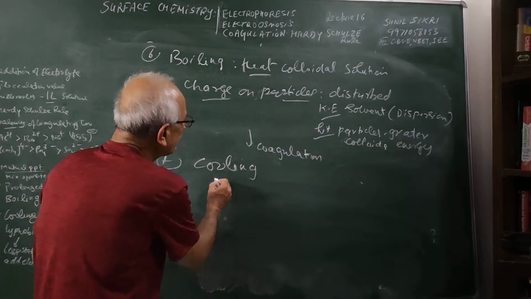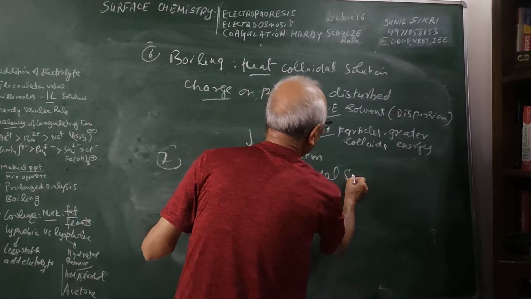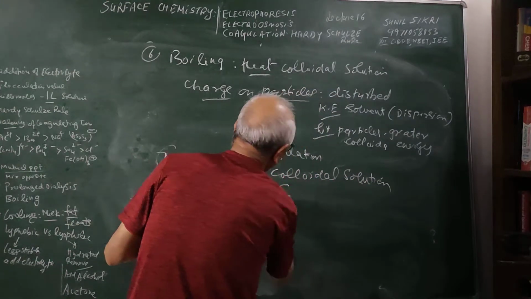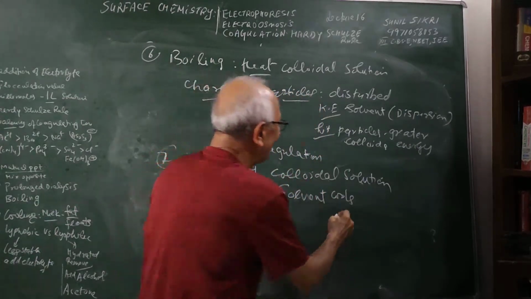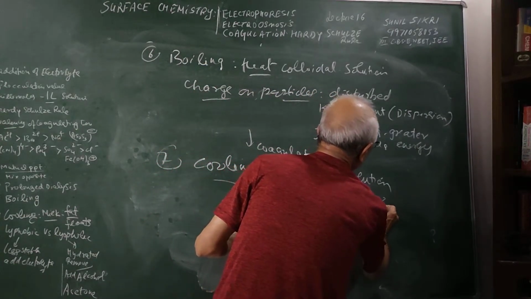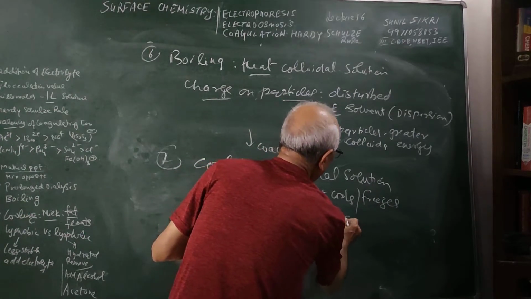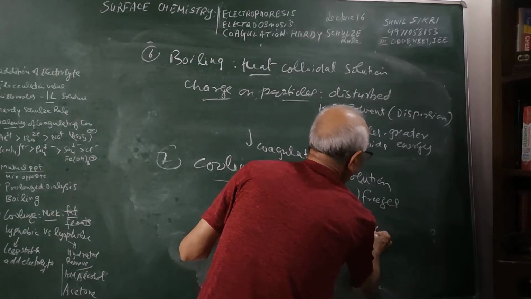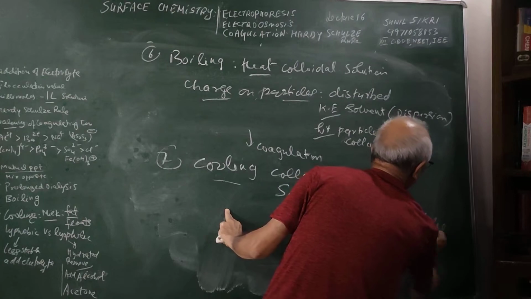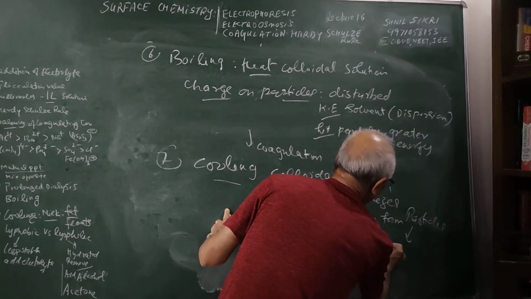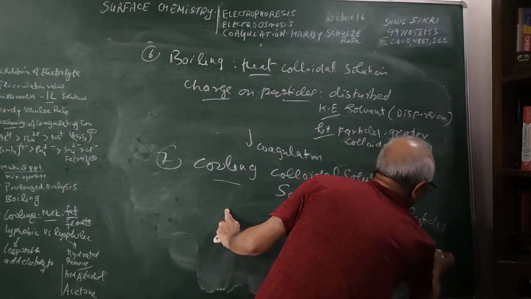Seventh, cooling is also used, student. If you start cooling the colloidal solution, the solvent cools. As the solvent cools or freezes, the solvent is separated from the particles, and therefore these particles will aggregate to form what we call a precipitate.